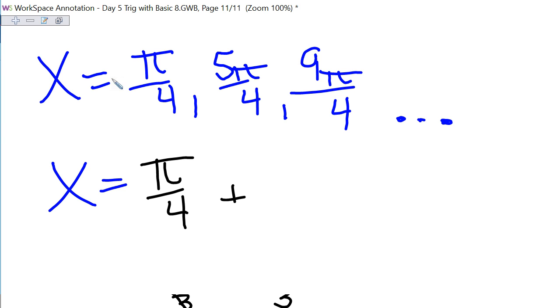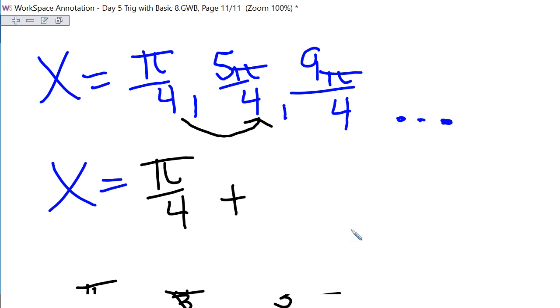And what do I have to add to pi over 4 to get to 5 pi over 4? I heard pi, is that right? Yeah. Because pi over 4 plus pi, if I get a common denominator, this would be pi over 4 plus 4 pi over 4, and that gives me 5 pi over 4.